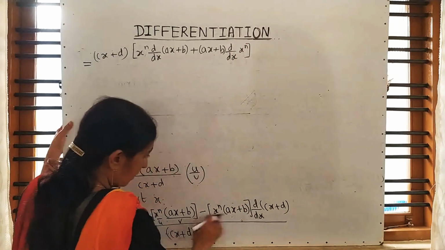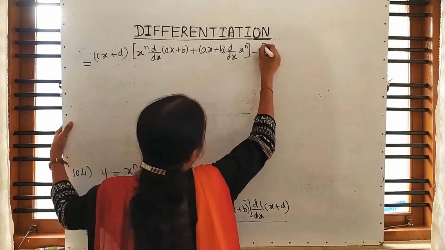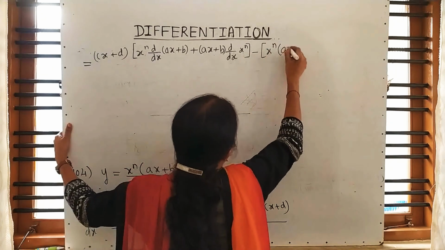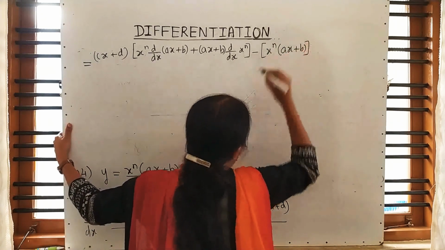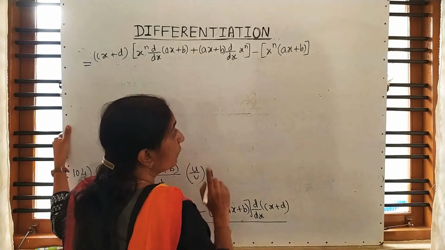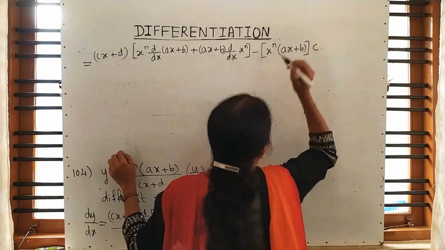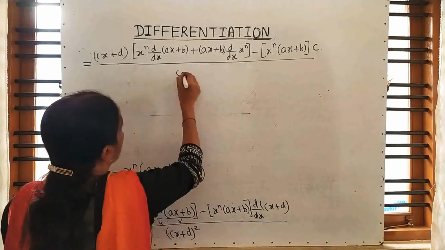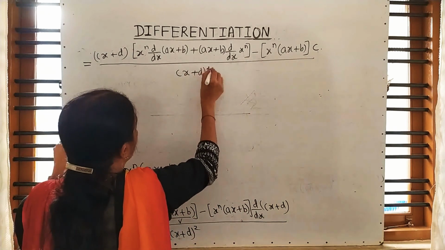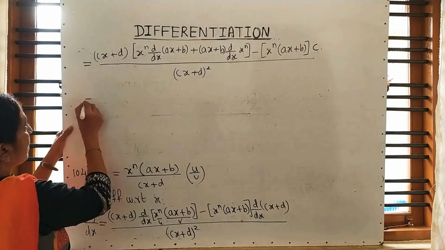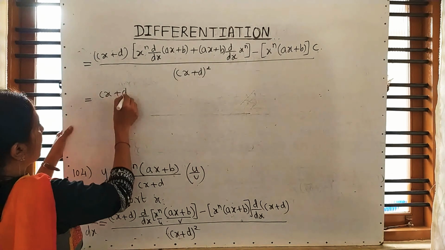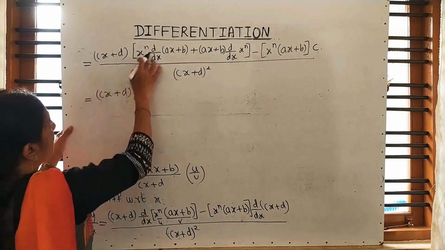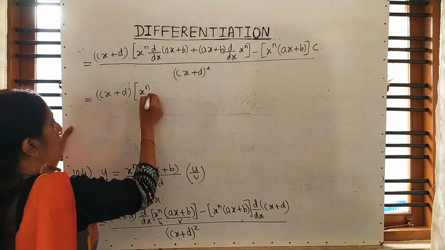Understood? Minus, this is before differentiation, keep as it is. Here, what is the differentiation of cx? c is a constant, differentiation of x will be 1. cx plus d whole square. Here, cx plus d as it is in the bracket. This is before differentiation, keep as it is.